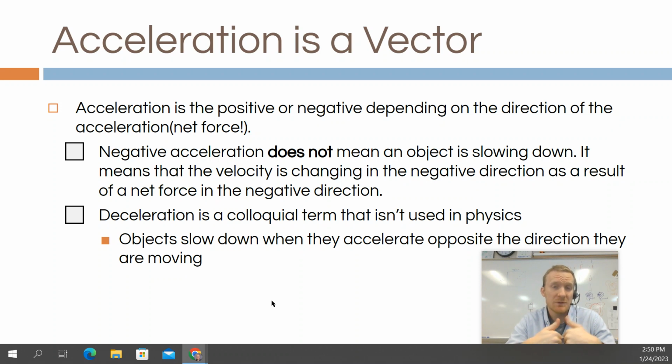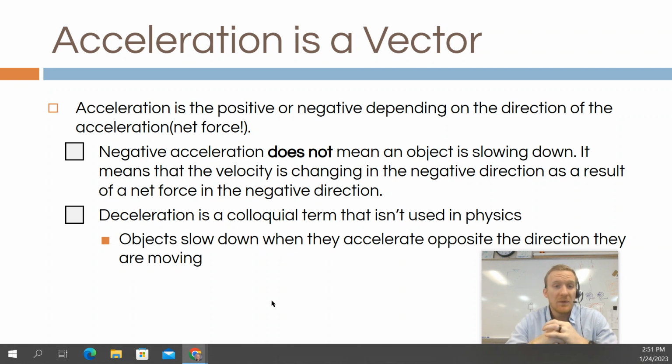A negative acceleration just means that your motion is changing in the negative direction. So if you're already going in the negative direction, let's say everything going to the left is negative, and you're speeding up, then your motion is changing more in the negative direction. So you can have a negative acceleration, but still be speeding up. It just depends on wherever you're setting your positive and negative ends, because remember that the direction does matter.